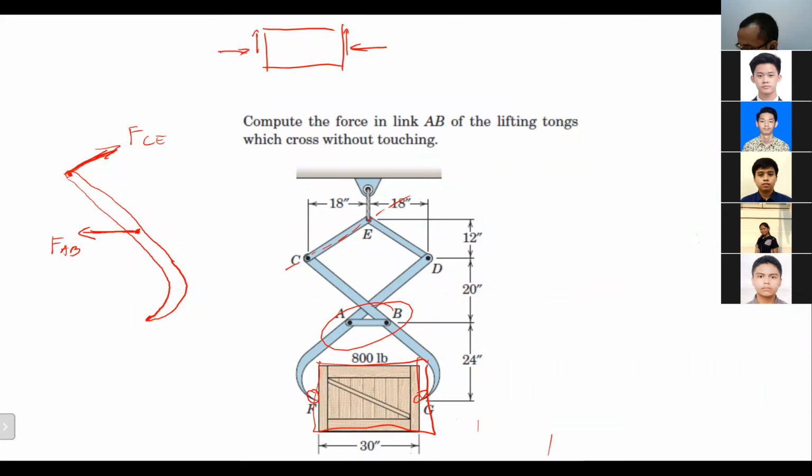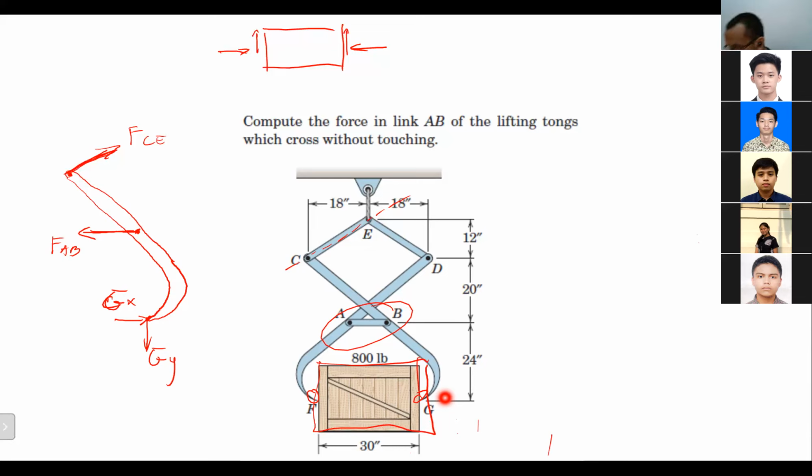For this one, it's supposed to be the opposite, so the friction goes down. And there will be a normal force as well, of course, because without normal force there will be no friction force. So this is our GX, and this is our GY.